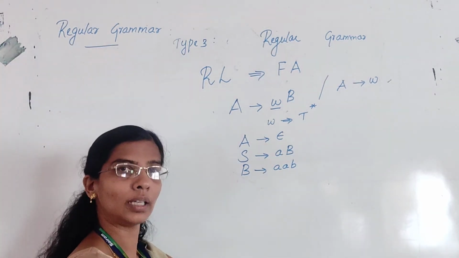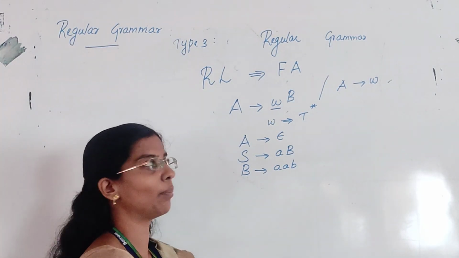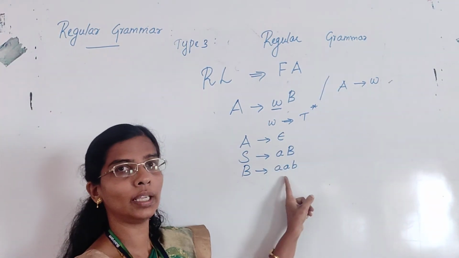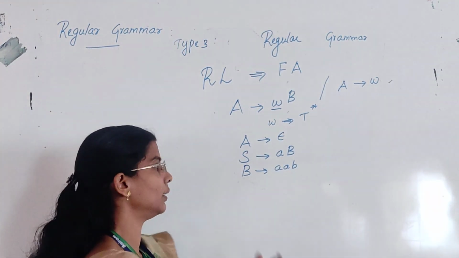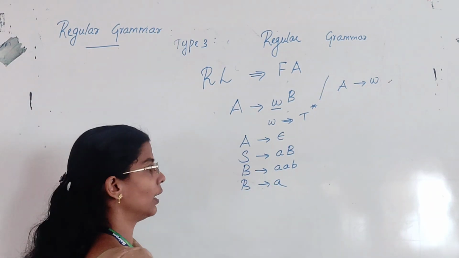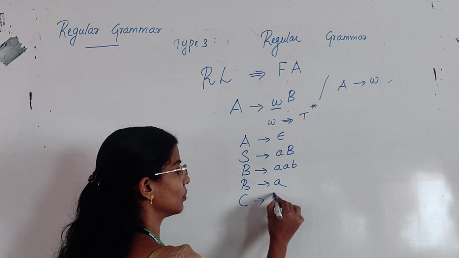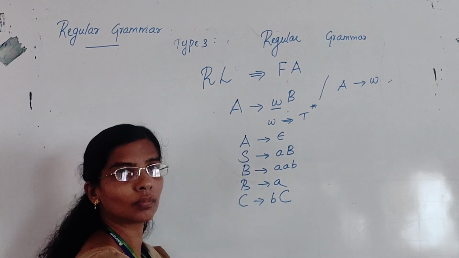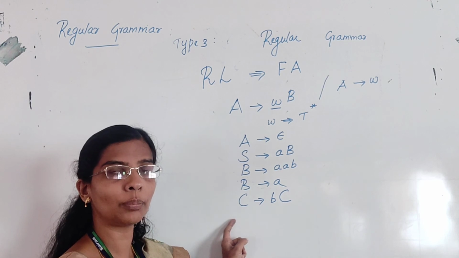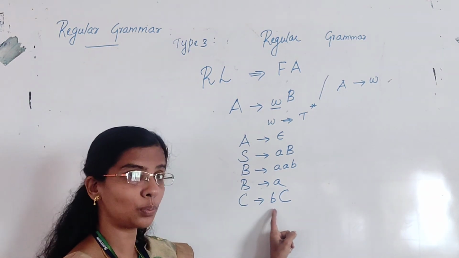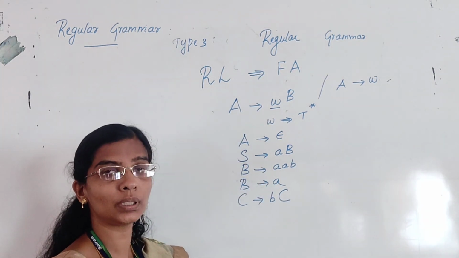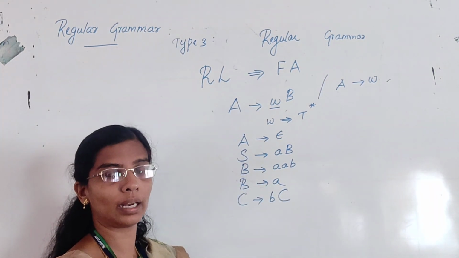Is it correct? Yes, it's a regular grammar: a collection of only terminals. Can I have it like this? Yes. It's a regular grammar: left-hand side a single non-terminal, right-hand side starts with a terminal and ends with a non-terminal. So these are some examples of regular grammar.